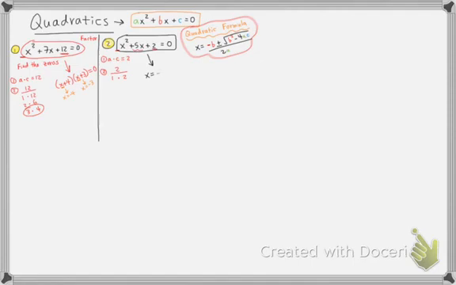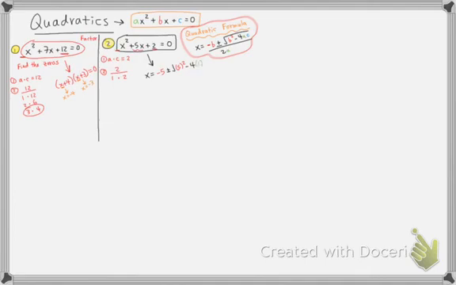So I need to write negative b, negative 5, plus minus square root b squared. So 5 squared minus 4 times my a value. My a value is in front of the x squared. It's just a 1.